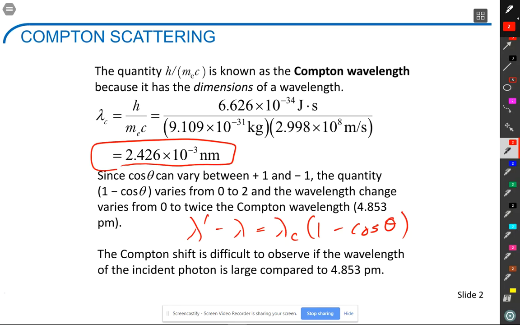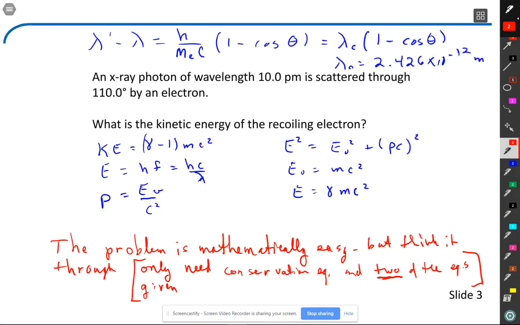So it's 180 degrees, which is pi. So if it bounces straight back at you, if it scatters straight back, that's when you're going to have the maximal shift.